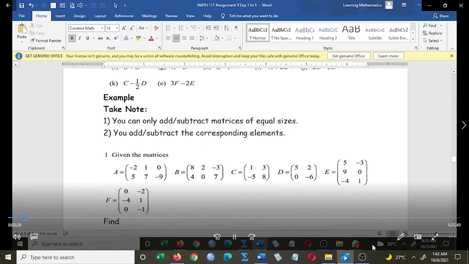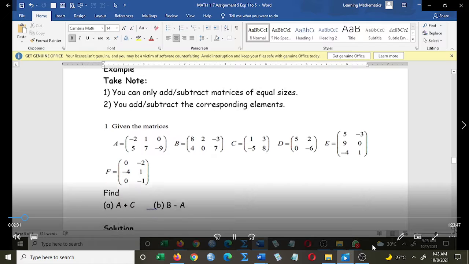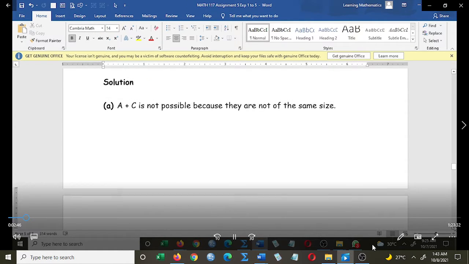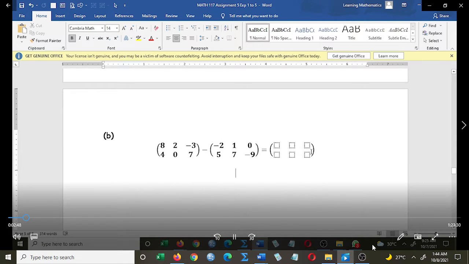We just had barely time to formulate two examples, A plus C and B minus A. A plus C is not possible because they are not the same size, and B minus A was possible, and we just barely completed it.